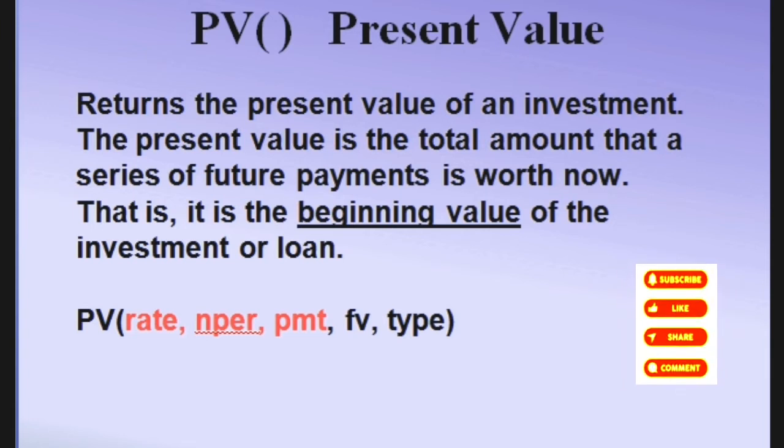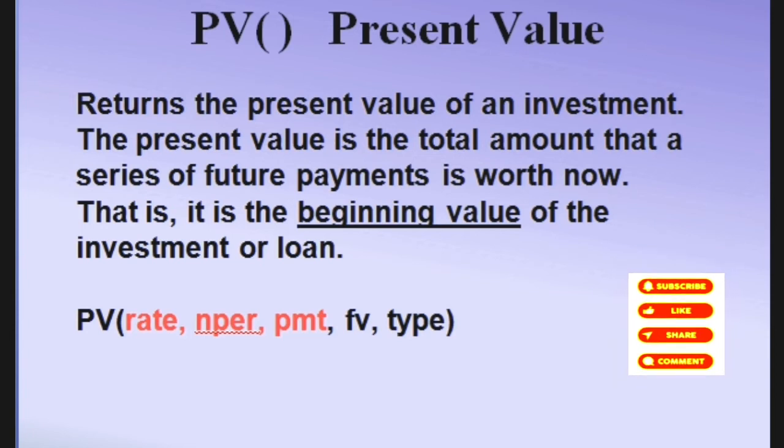So the formula is equals to PV in bracket rate of interest, then NPER means number of periods, PMT means periodic payment, FV means future value, and the type may be a 0 or 1. 0 means payment at the end of the period, and 1 will show the payment at the beginning. So this is the formula.